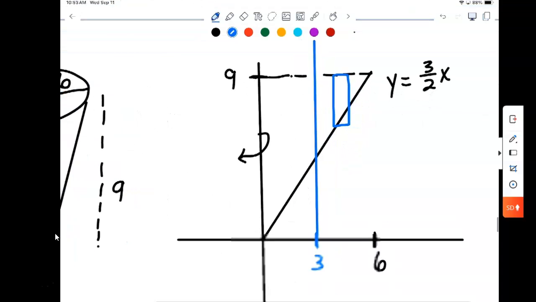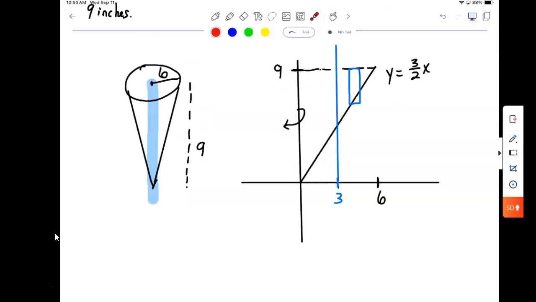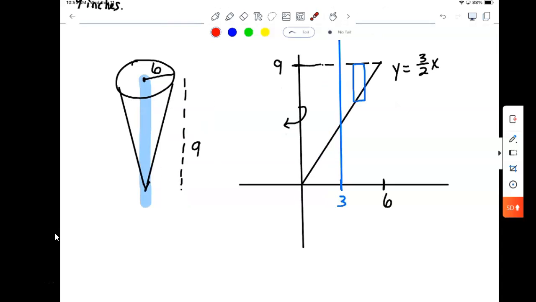Since we're doing shells and revolving about the y-axis, we're going to be integrating with respect to x, from x equals 3 to x equals 6. Okay, so we're ready to compute our volume now.